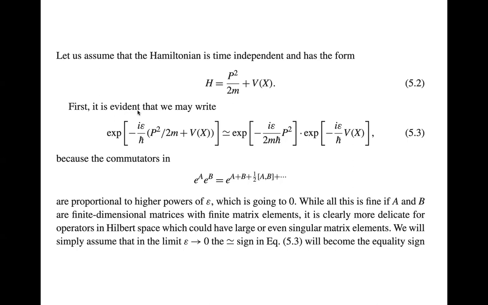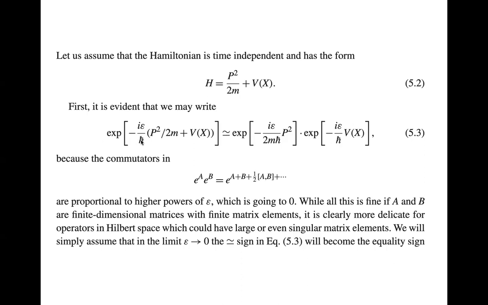First of all, it is evident that one can write the unitary time evolution operator, exponential of minus i t times the Hamiltonian divided by h bar.